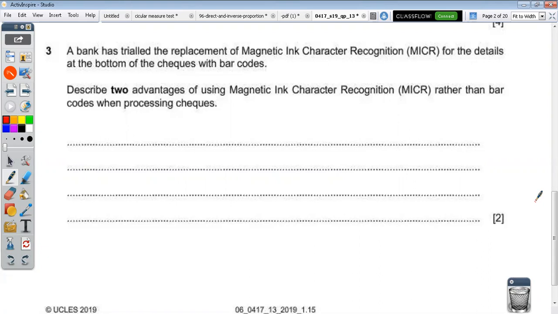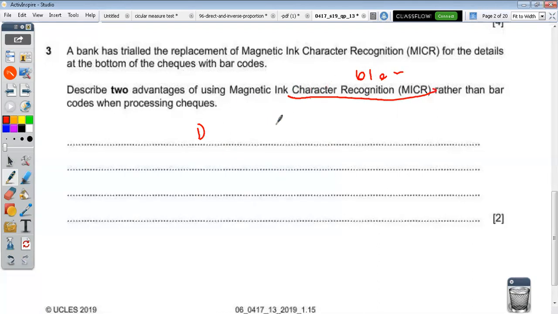Processing MICR information is fast. Maybe. So the first advantage is that it is human readable. Barcode 0101 doesn't make sense.